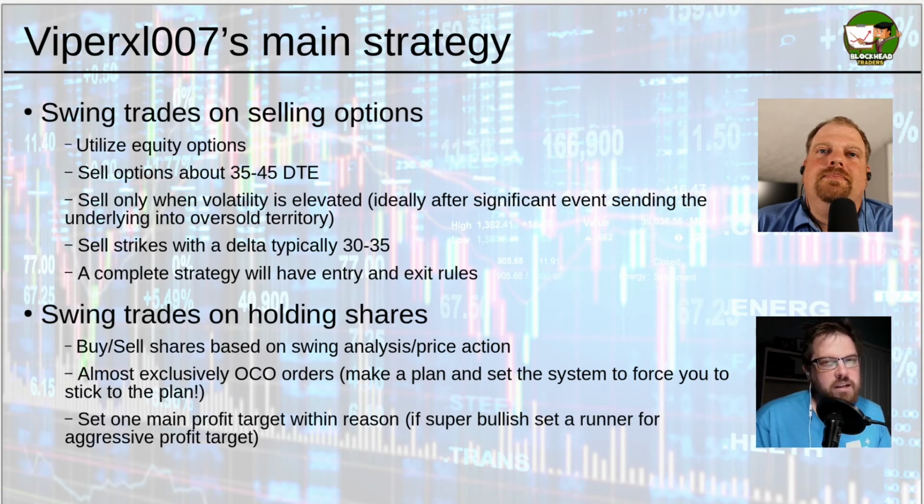And some of that is because I am more selective on these plays. So I'm not loading up a lot of singles, and I'm also not hitting home runs, but I'm looking for just something with a little more meat on the bones. And so I'm a little more specific in that range. And then obviously a complete strategy will have entry and exit rules, which I lay out going into each play.